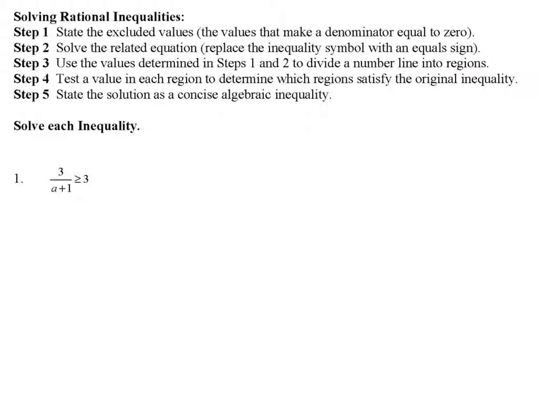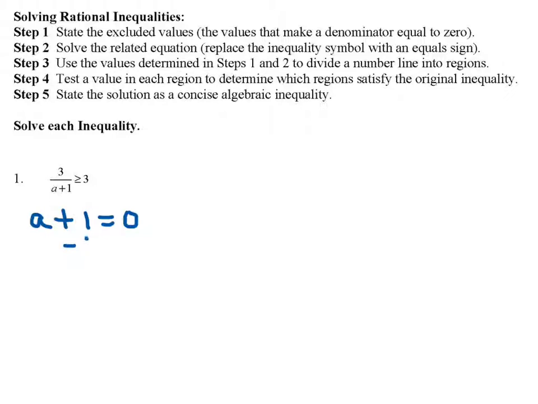So in this first example, we have a rational inequality such that the denominator is equal to a plus 1. In order to determine what would make that denominator equal to 0, we set up a little miniature equation. We say a plus 1 is equal to 0.